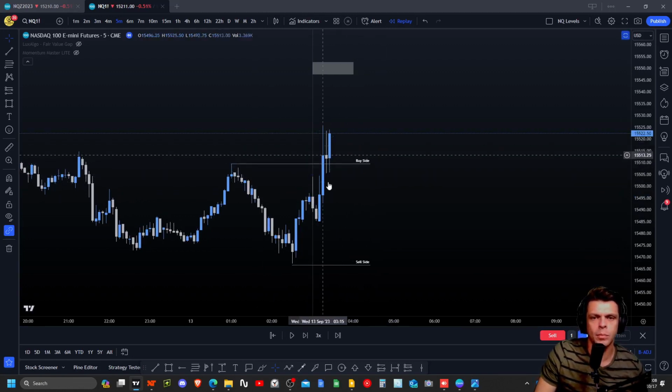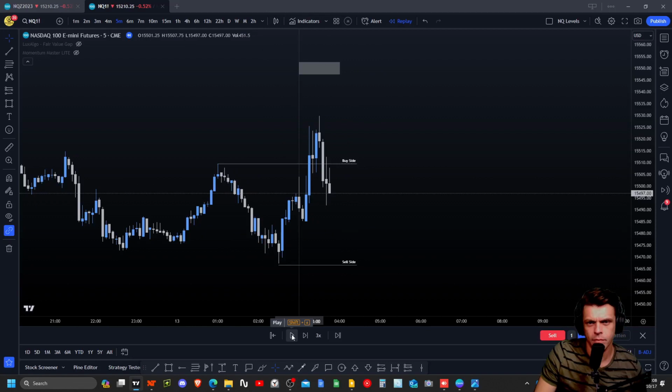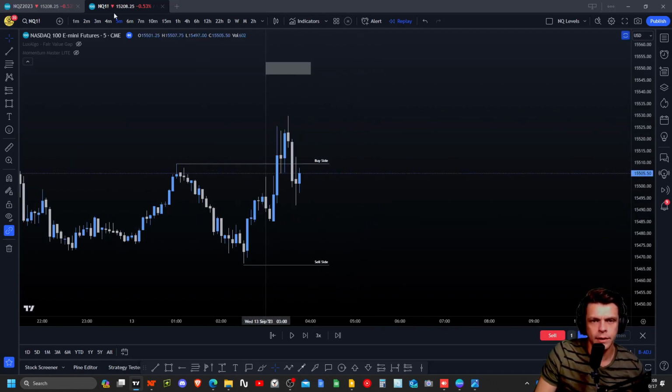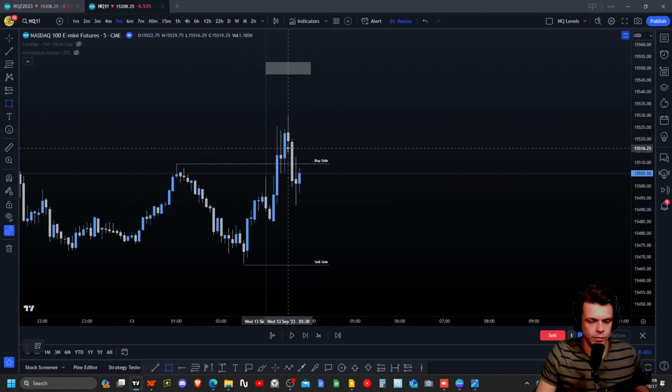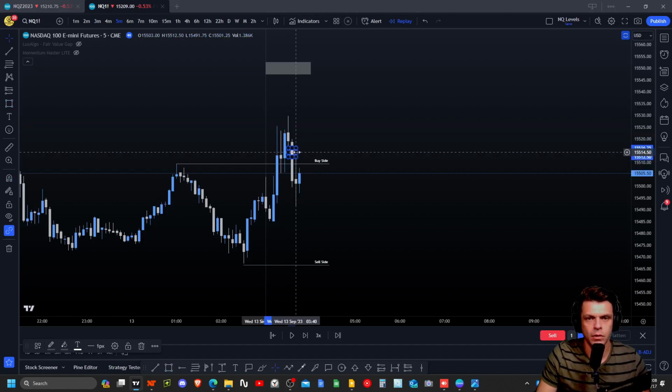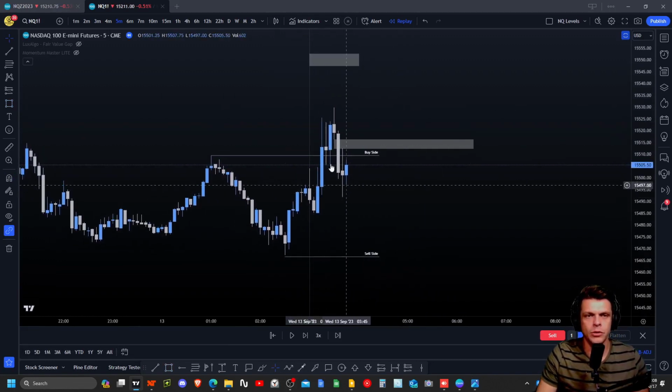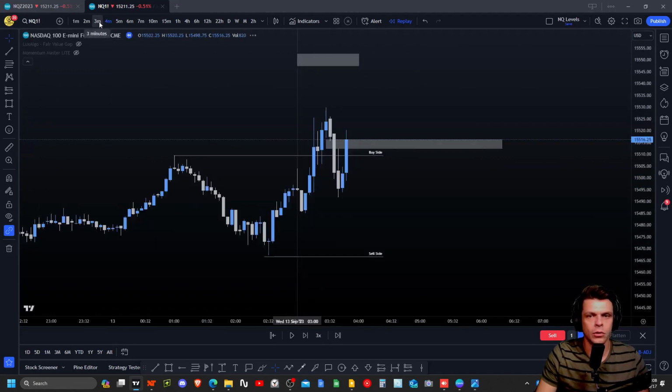So now that it took the buy side, we are looking for displacement to the downside. Okay, we have displacement to the downside. Took out a low, so let's mark off this fair value gap on the 5-minute chart. And if it displaces to the downside, you can go to a lower time frame.